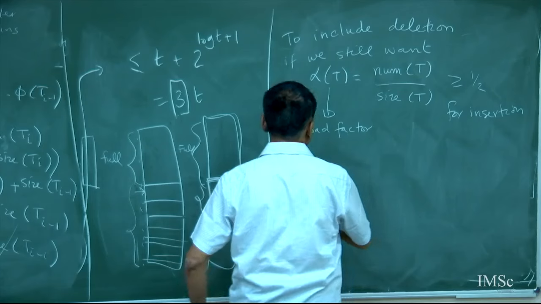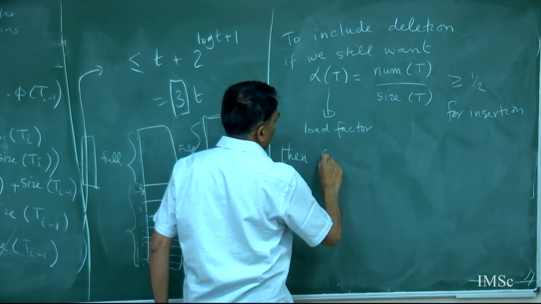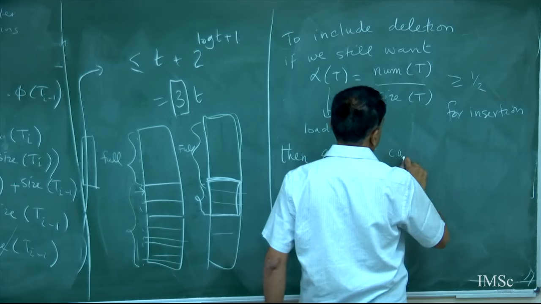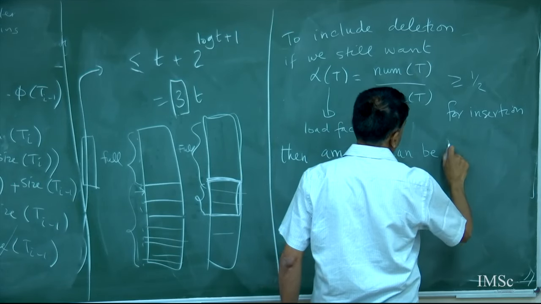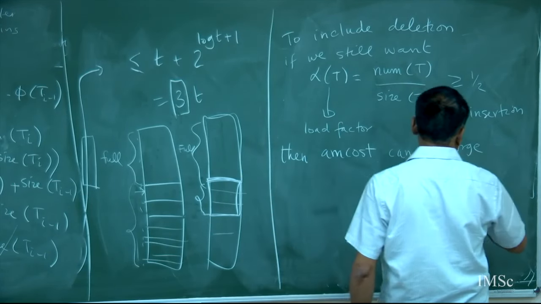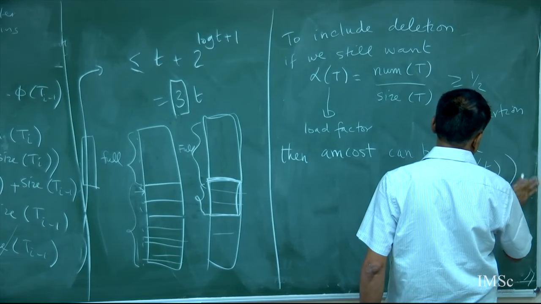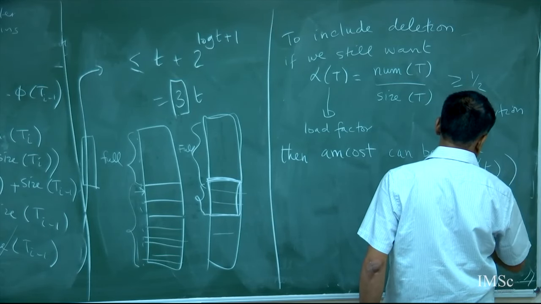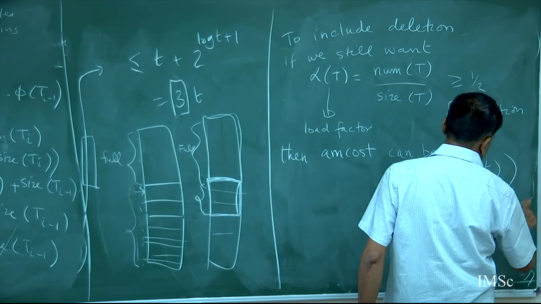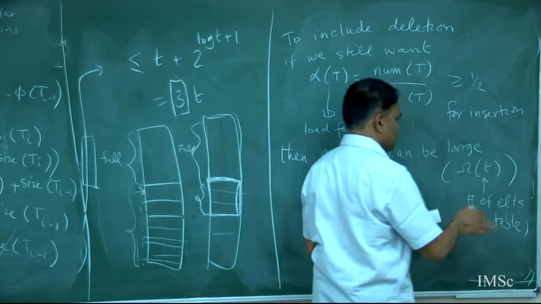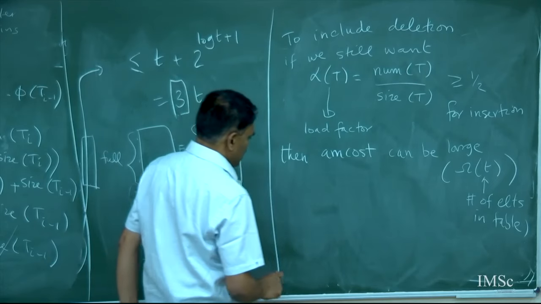So the amortized cost can be large, basically omega t to do t operations, which is basically the number of elements. You may have to copy all elements all the time, pretty much, some fraction of elements.